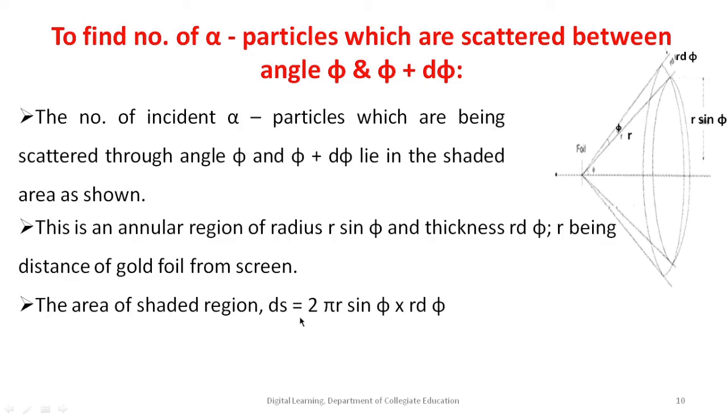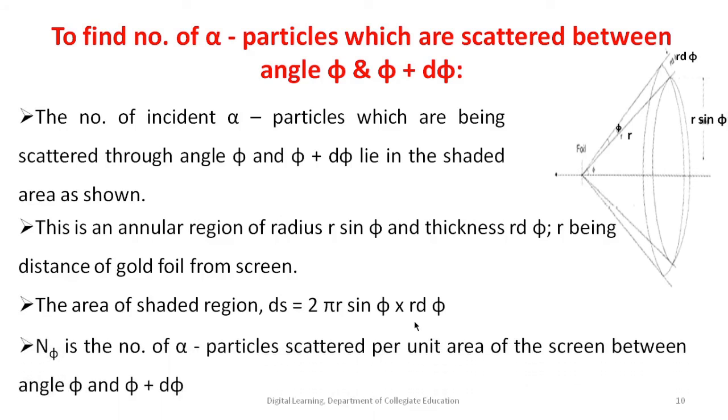So therefore area of the shaded region is ds is equal to 2 pi r sin phi into r into d phi. So N phi is the number of alpha particles scattered per unit area of the screen between the angle phi and phi plus d phi.